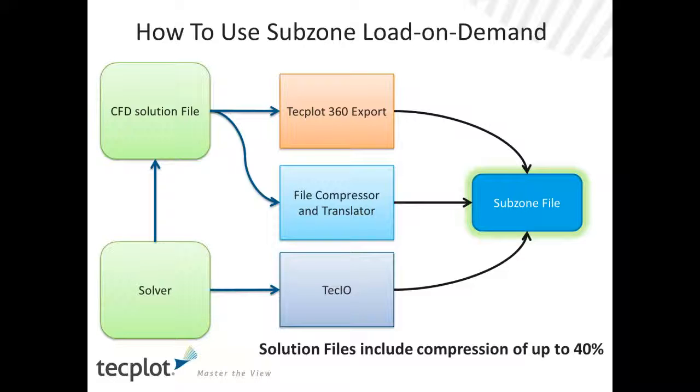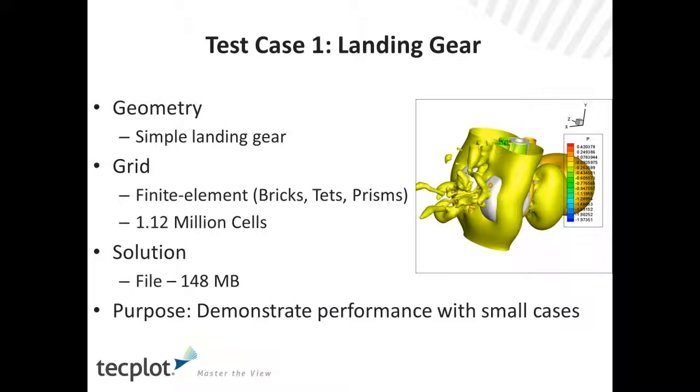Pretty significant reductions in size. Certainly, when you start thinking about these files, they're in the 20 to 120 gigabytes. Some of them, for the billion cell cases, can be up to a terabyte. That's significant.